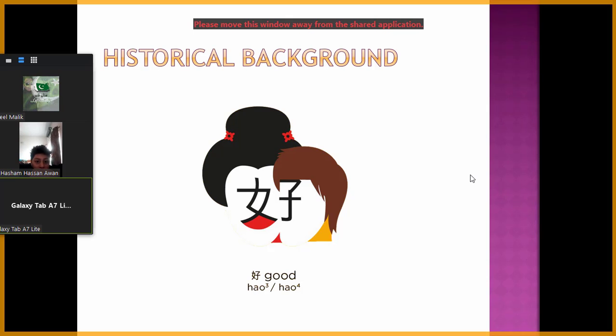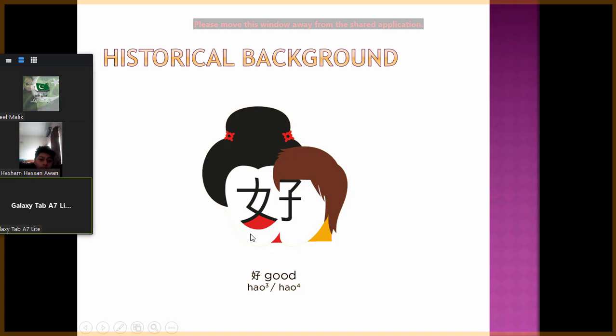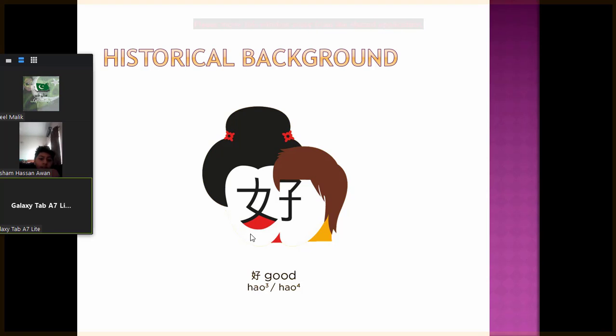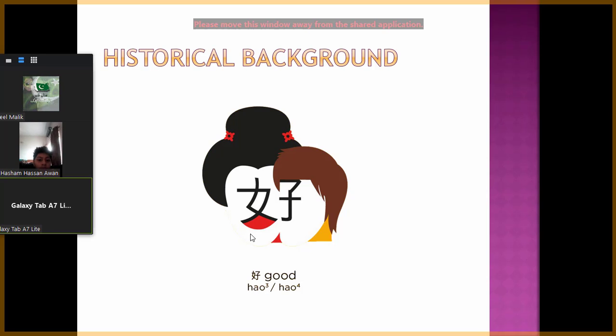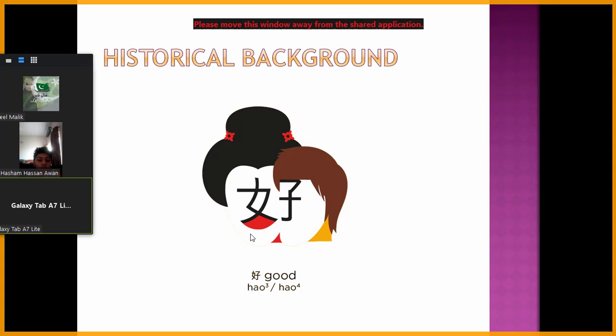If you see my mouse, this one, on the left side, you can guess that it is a woman's head, right? Can you guess that? So this radical means nu, it means woman or girl.